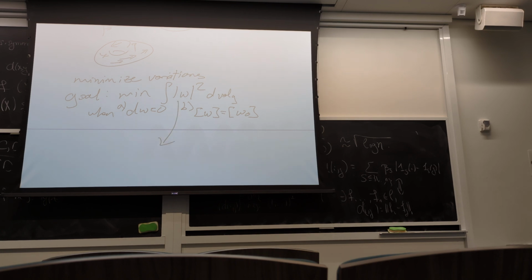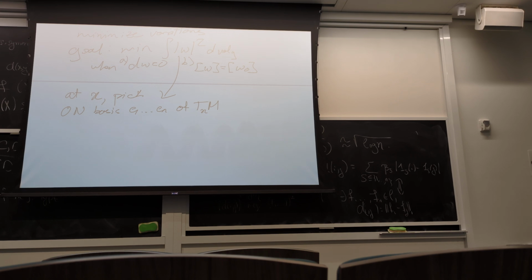And to remind you what this is, at every point x, take an orthonormal basis d1 through dn of the tangent space at x of M, and dx1 through dxn is the dual basis.